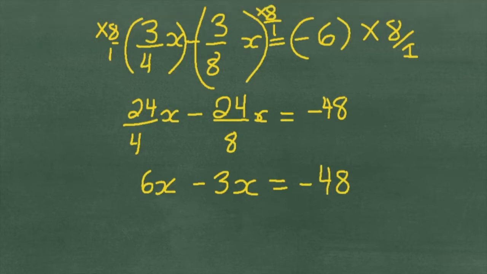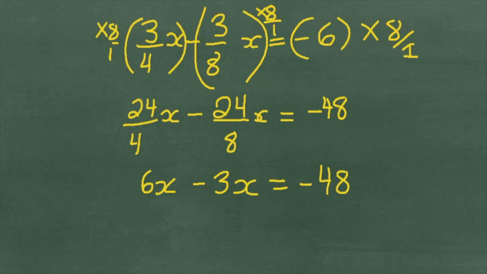Over here, you would have noticed that these 8's could have canceled out because you're left with a negative 3x. Keep that in mind when you're doing it. You can just cross them off because 8 divided by 8 is just 1, so we're left with what was on top in the numerator.